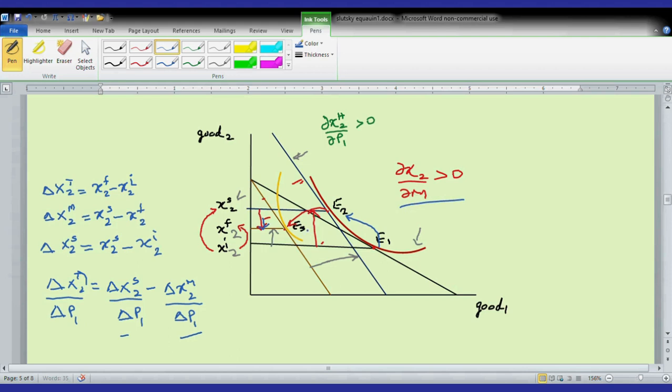So the cross substitution effect is telling us that the consumption of good 2 increases, and the income effect tells us that the consumption of good 2 decreases, and again we see that the two effects are moving in opposite directions.